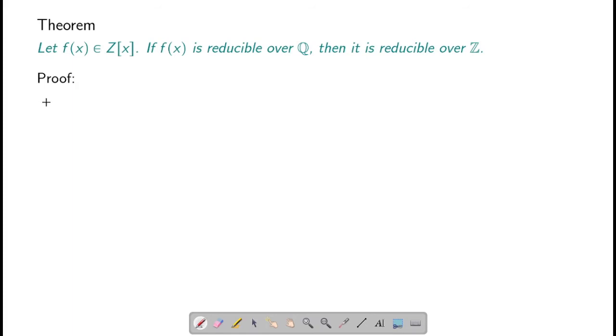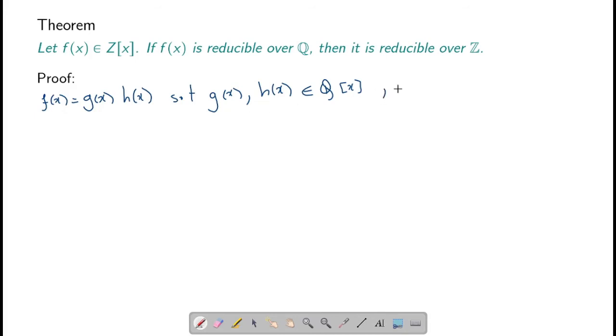Now we will show that if f is reducible over Q, then it is also reducible over Z, given that f is a polynomial with coefficients from Z. Suppose f is reducible over Q, this means that f of x can be written as g of x times h of x, such that g of x and h of x are both in Qx and they are non-unit, non-zero.